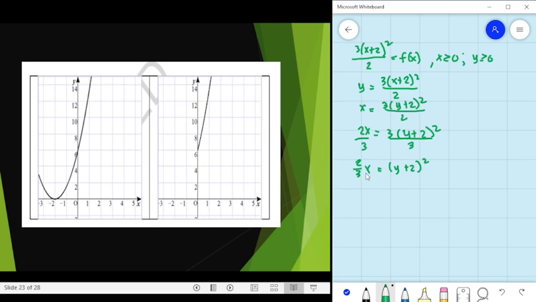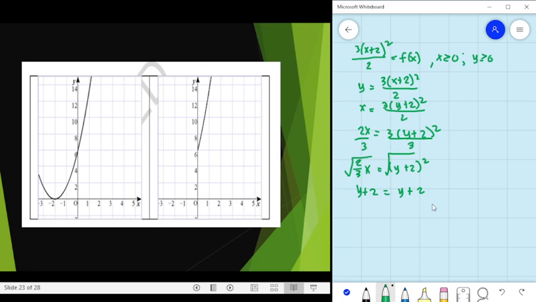And then extracting the square root on both sides, we can now have y plus 2 is equal to the square root of 2x over 3. Since y is greater than or equal to 2, we do not need to consider the negative value.